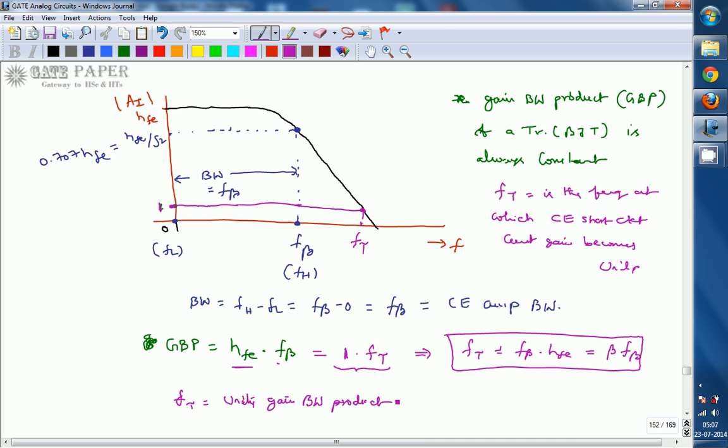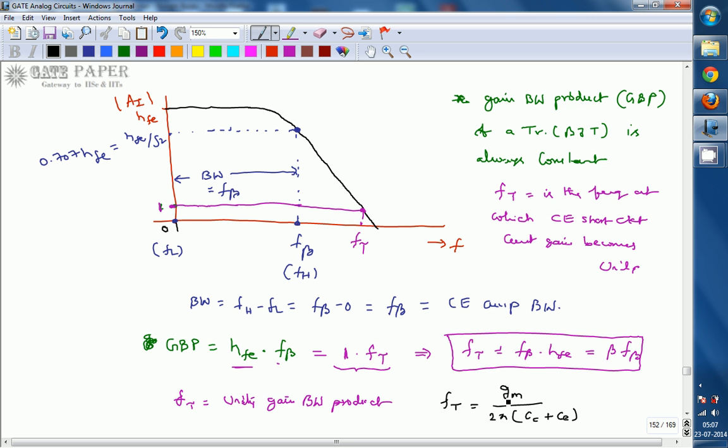f tau is the frequency at which the common emitter short circuit current gain becomes unity. The equation for f tau is equal to gm divided by 2 pi times (Cc plus Ce).